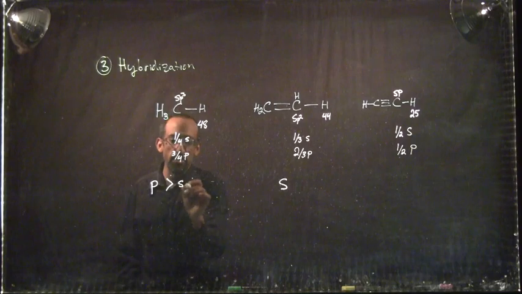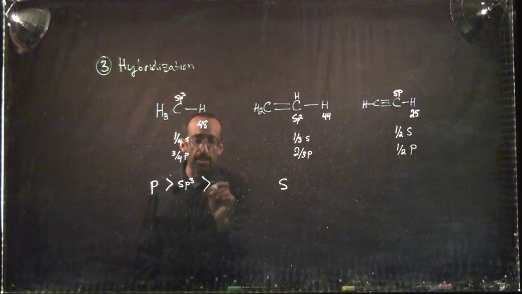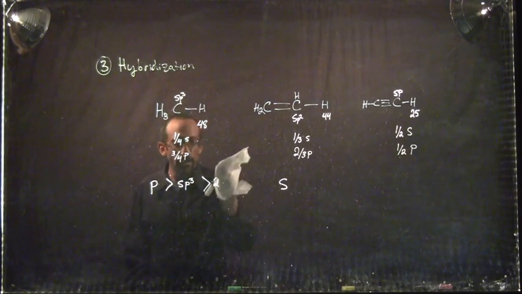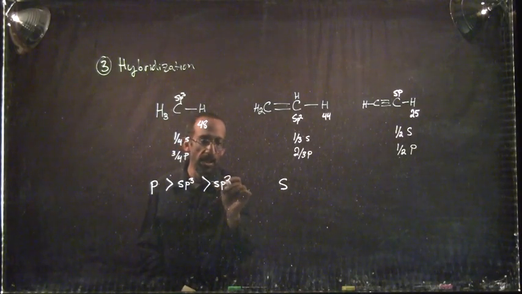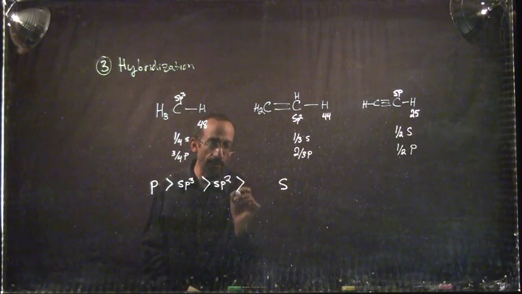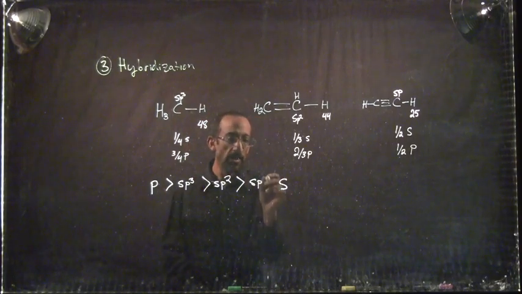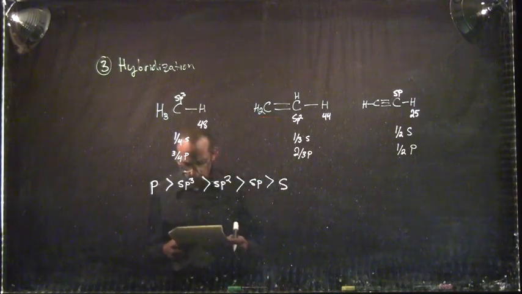So that would be our sp3 orbital. From there, our sp2 orbital is the next smallest. And then finally, the smallest hybrid orbital is going to be the sp orbital, which is still larger than just an atomic s orbital.